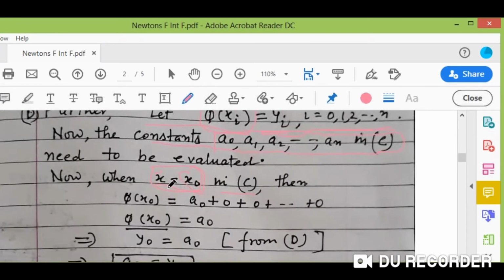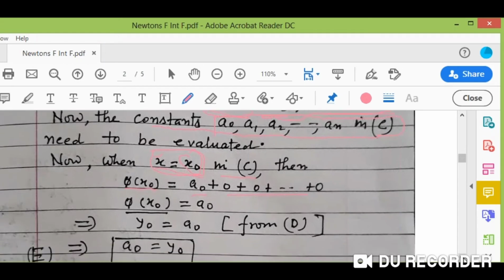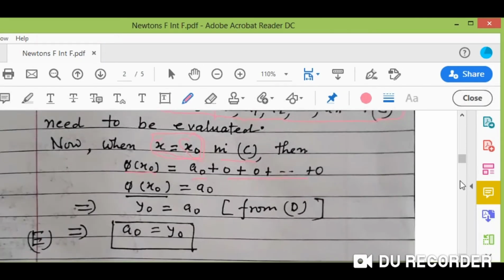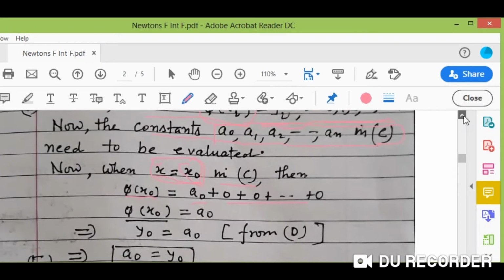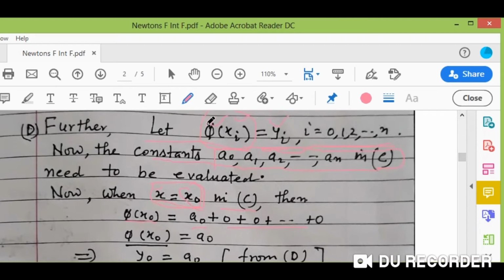After substituting x is equal to x naught, we have phi x naught, which is a naught, and the other terms are 0. Since it is approximating, and I have already shown you this part, I am using this part. So phi x naught is equal to y naught here.